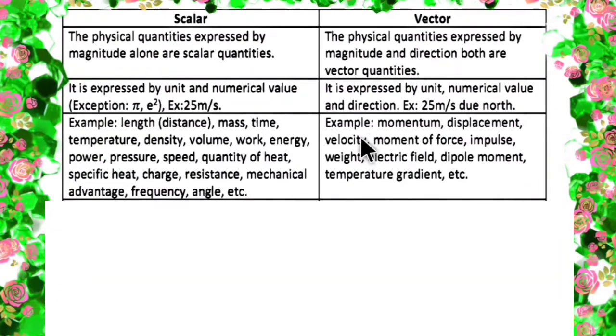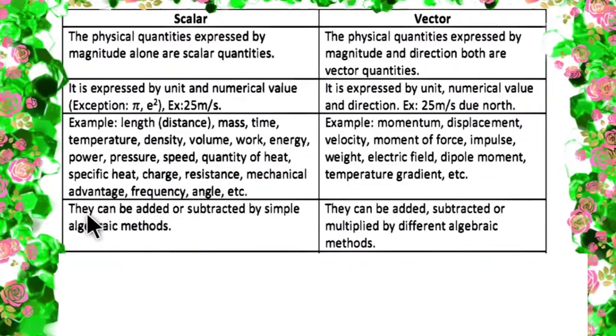Examples of vector quantity are momentum, displacement, velocity, moment of force, impulse, weight, electric field, dipole moment, temperature gradient, etc. All these physical quantities are vector quantity.